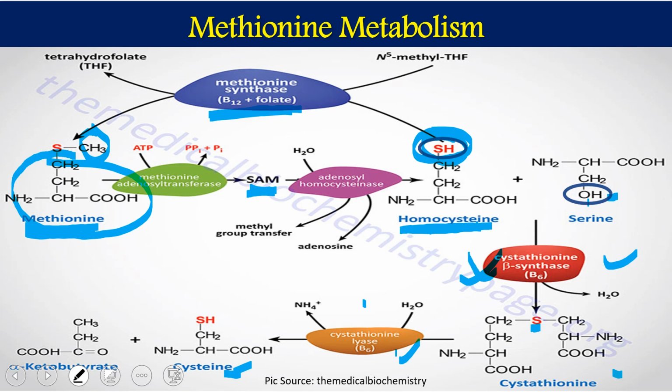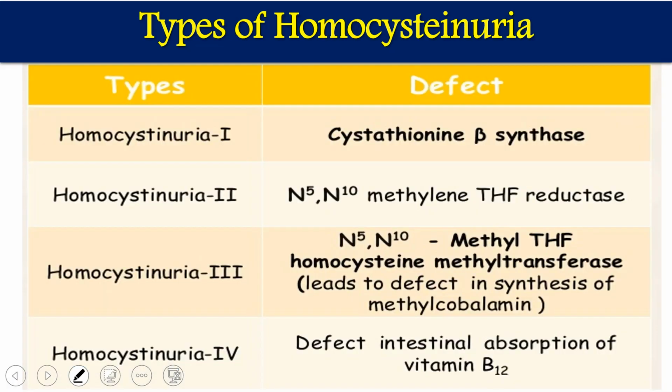One, cystathionine beta synthase, and cystathionine lyase ultimately give me cysteine. The second important reaction is where homocysteine is converted back to methionine by methionine synthase. So this is the metabolic process we need to remember. We need to remember a minimum of three enzymes, this 1, 2, and 3, for the homocysteine metabolic process. Now, depending on the factors which are going to cause the accumulation of homocysteine.